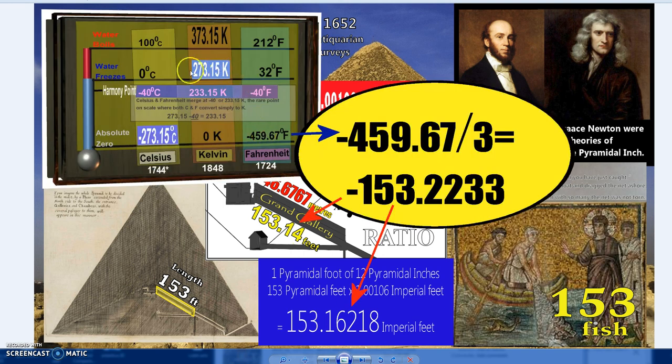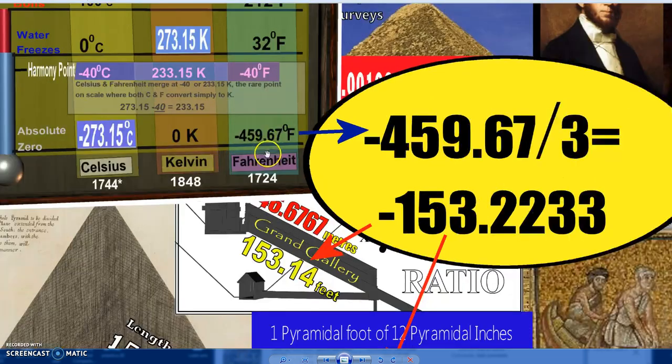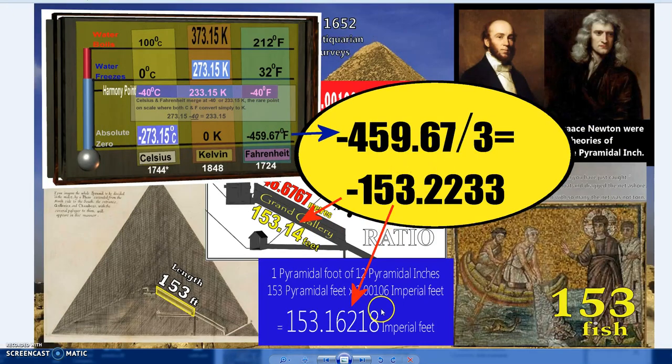Now that will bring us back to this harmony between the Celsius, Kelvin, and Fahrenheit, because absolute zero in Fahrenheit is minus 453.67.